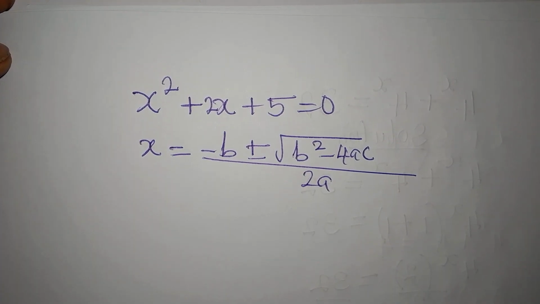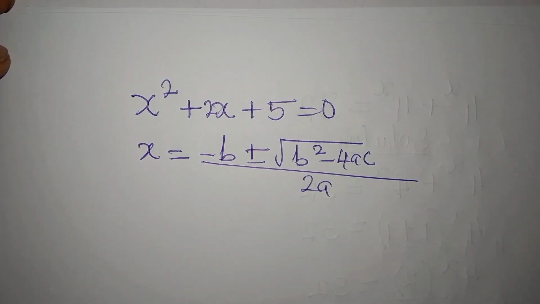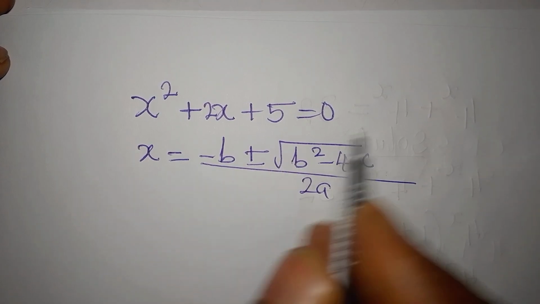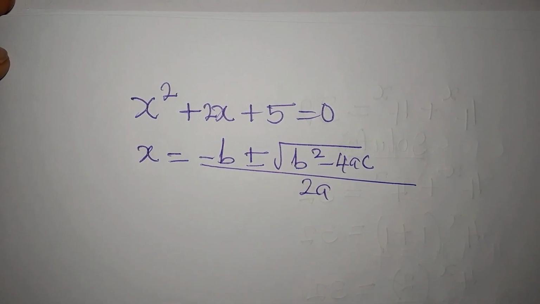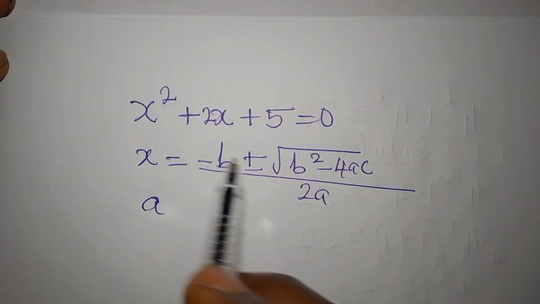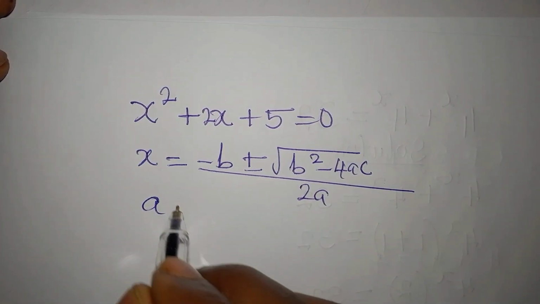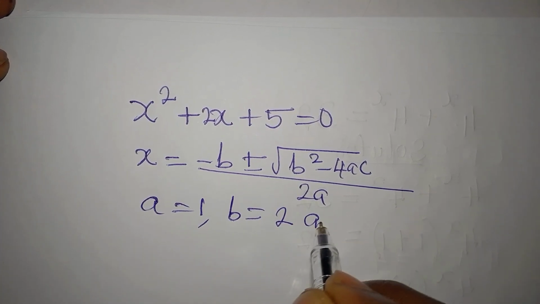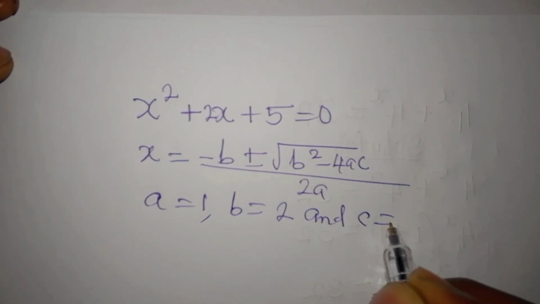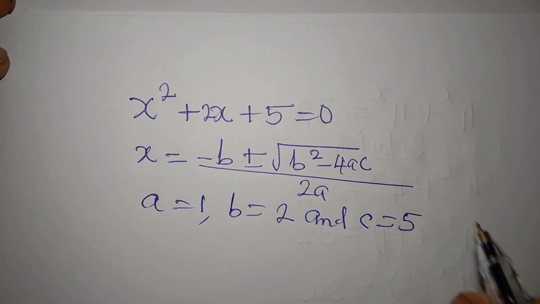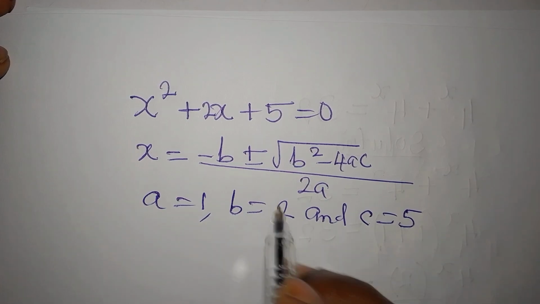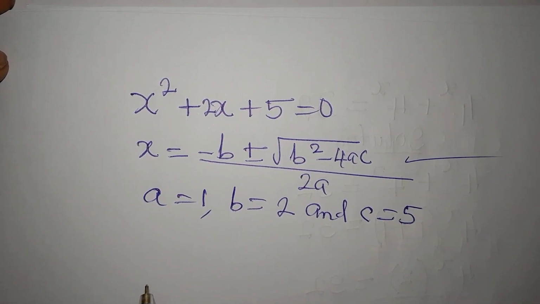This is what we call the quadratic general formula, and we are going to use this to solve this equation. Remember that a from here is 1, b from the equation is 2, and c is equal to 5. So our duty now is to substitute this into this formula.